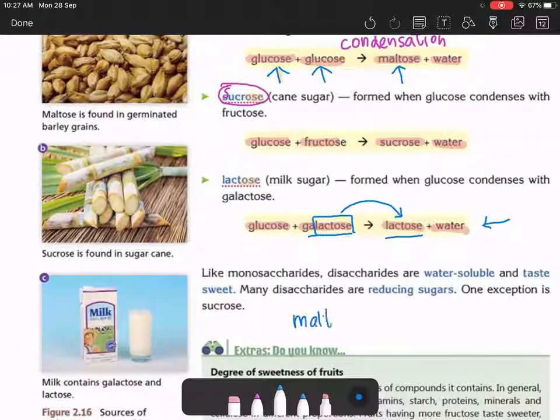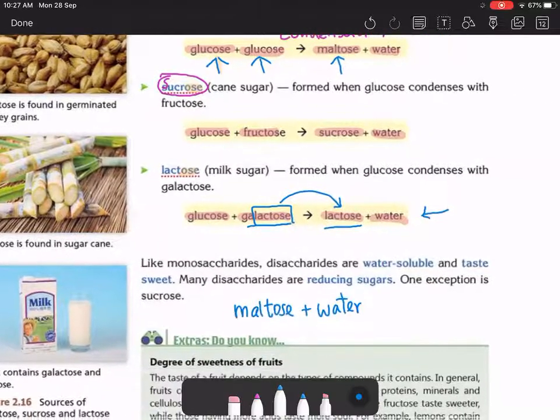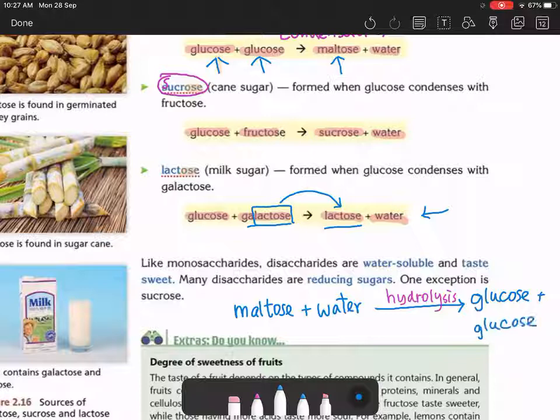Maltose and water. You can break it. The reaction is called hydrolysis, and it breaks into glucose and glucose.